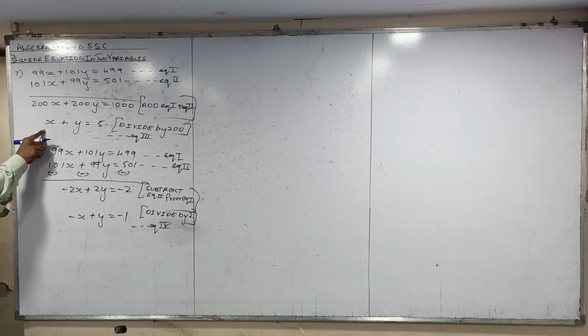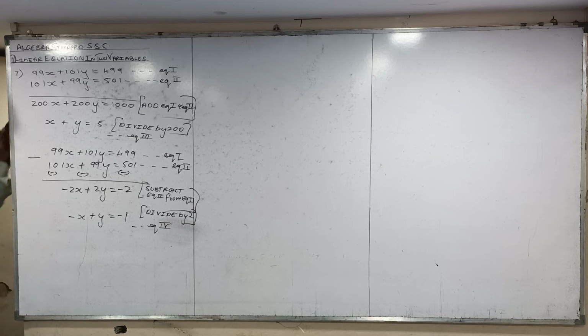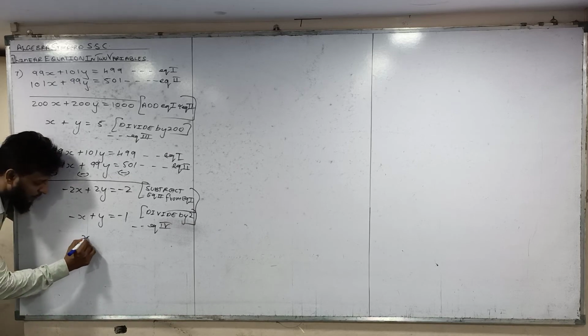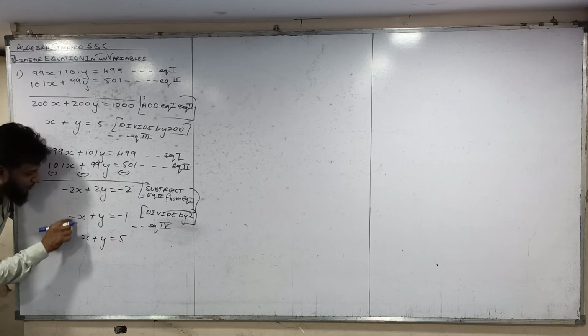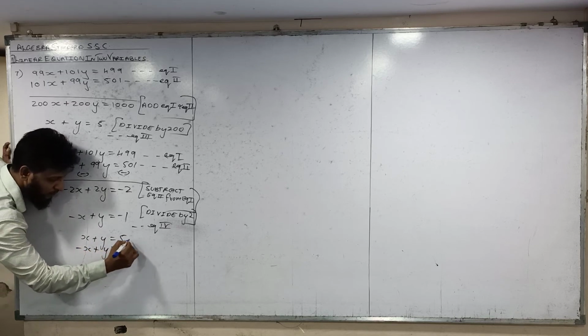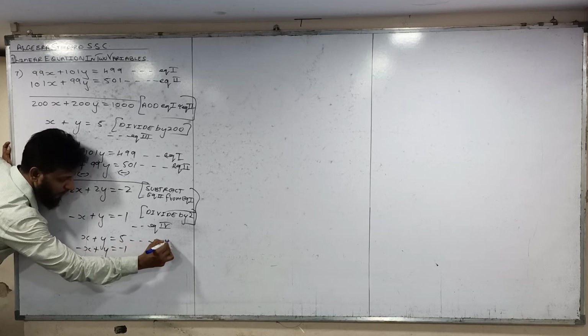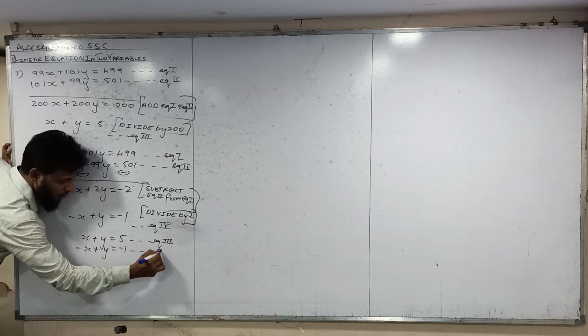Now see, after adding we get equation 3. After subtracting we get equation 4. Now x plus y is equal to 5 and minus x plus y is equal to minus 1. This is equation 3 and this is equation 4.